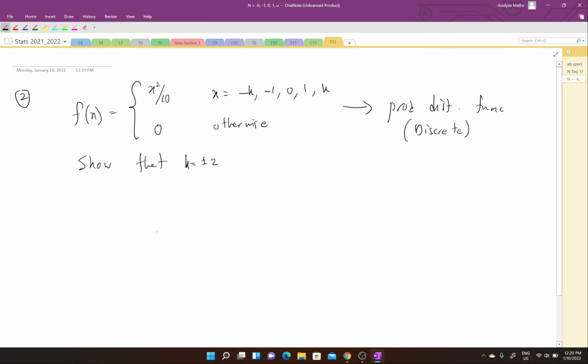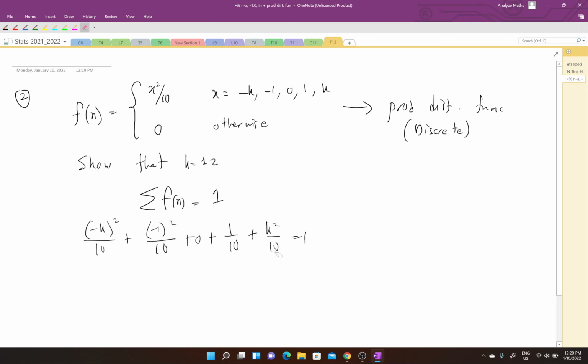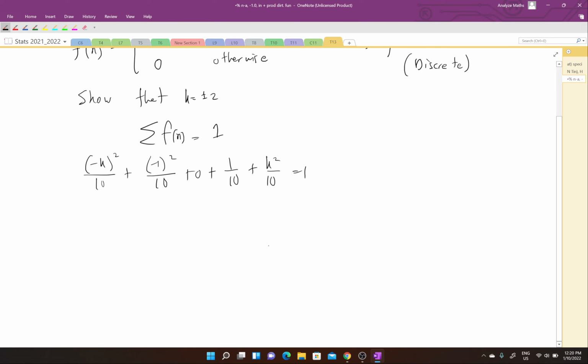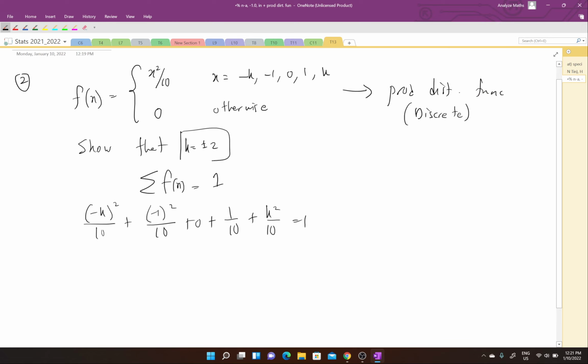Normally if we want to do this, we know that total probability is equal to 1. So total probability is equal to 1, you put negative k inside here, and then if you do this, as I told you, they already give you the answer, plus minus 2.